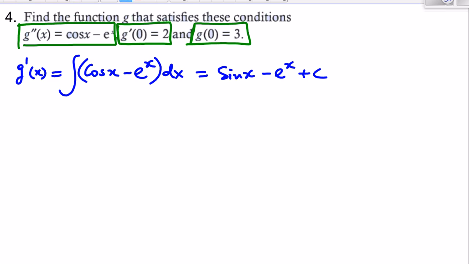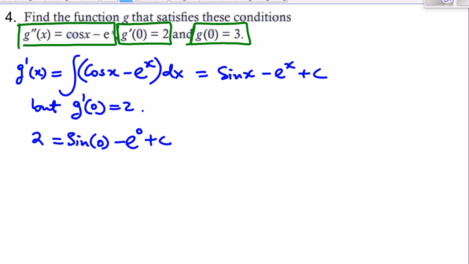But we know that the value of the gradient function at x equals 0 is 2. Let's substitute this into this function. So we'll end up with 2 is equal to sine 0 minus e to the power 0 plus c, or 2 is equal to minus 1 plus c, which means that c is equal to 3.